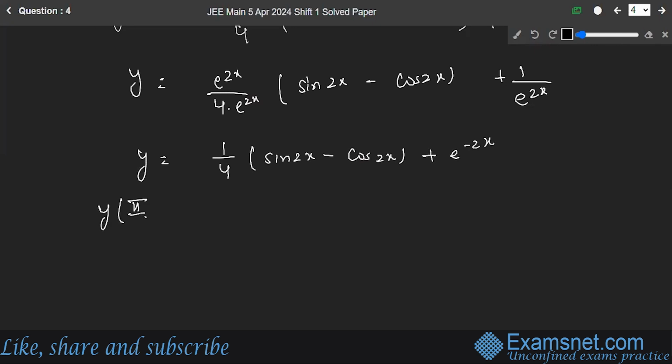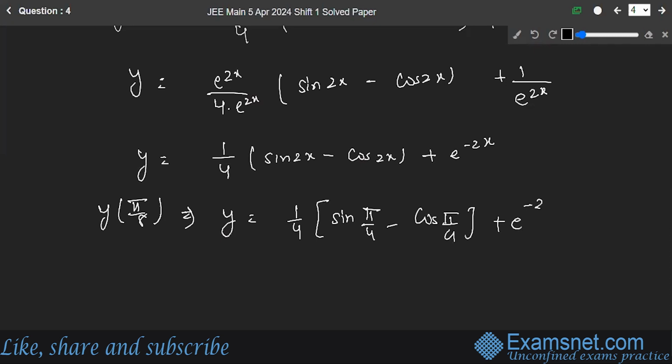Let's find out y(π/8), which gives me y is equal to 1/4 (sin 2 into π/8, sin π/4 minus cos π/4) plus e^(-2 into this). So this is equal to 1/√2 minus 1/√2 plus this will be e^(-π/4).